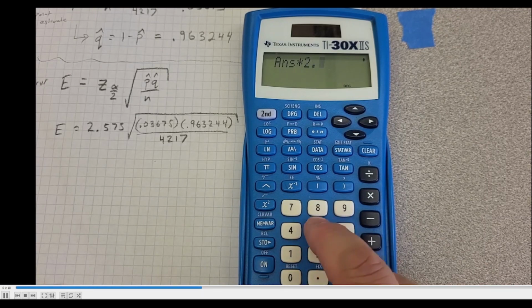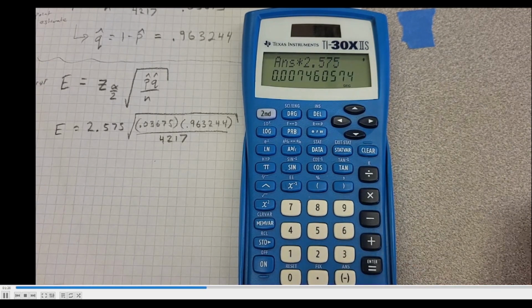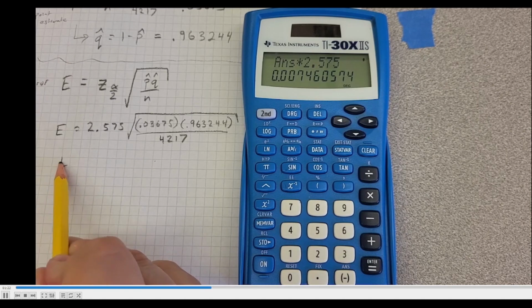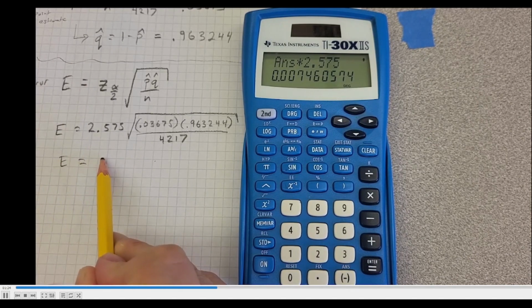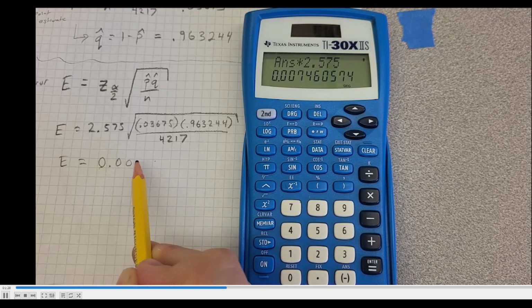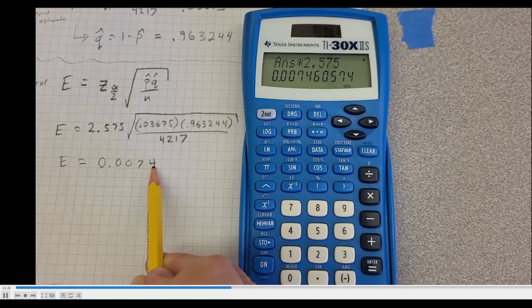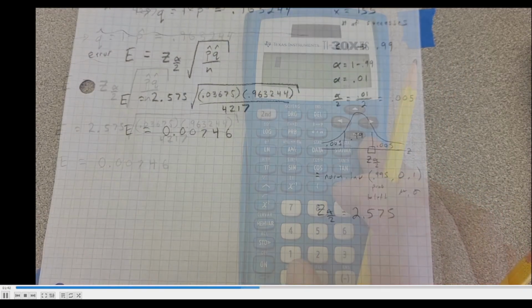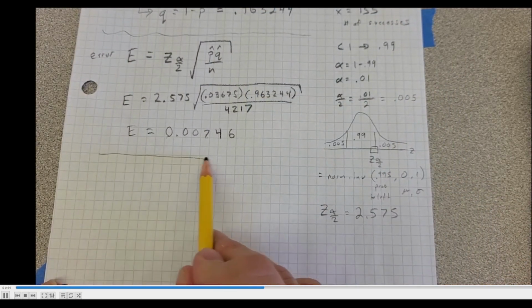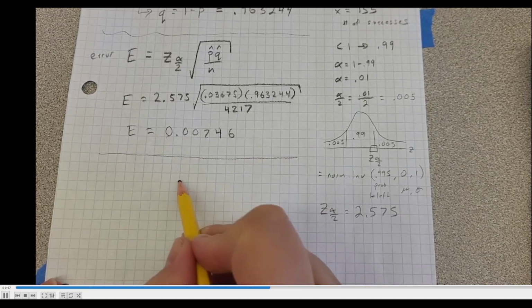That's going to get multiplied by the critical value, and we get a final error number right there. That's a 0.00746, and I think I'm going to leave it right there. That's good enough for me for now. All right, and just like that, we have finished off step 2.